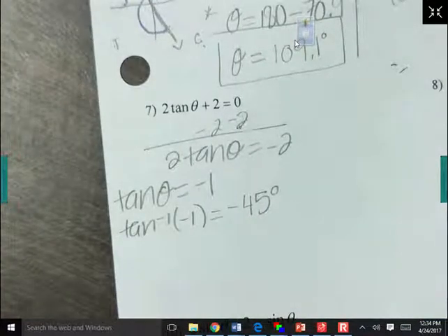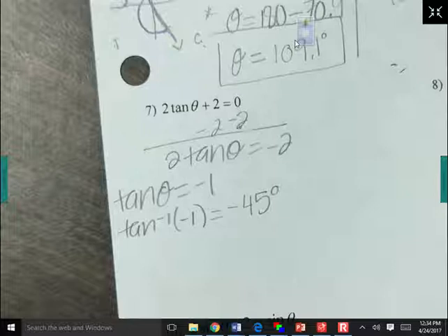For those of you who were getting a calculator, or just to refresh you, what we just did is in our calculator we pressed second tan, negative 1, enter, and it gave us negative 45 degrees. Now, negative 45 degrees is not an answer.